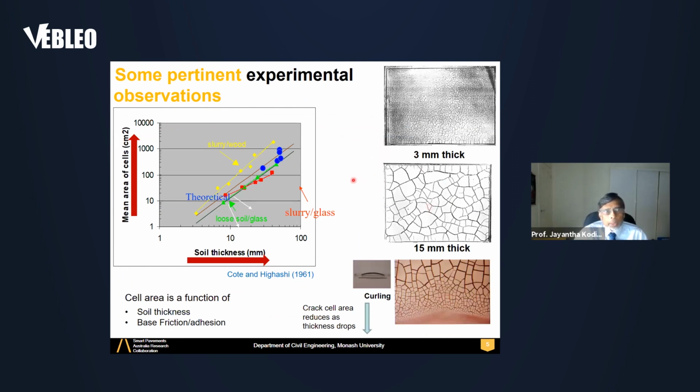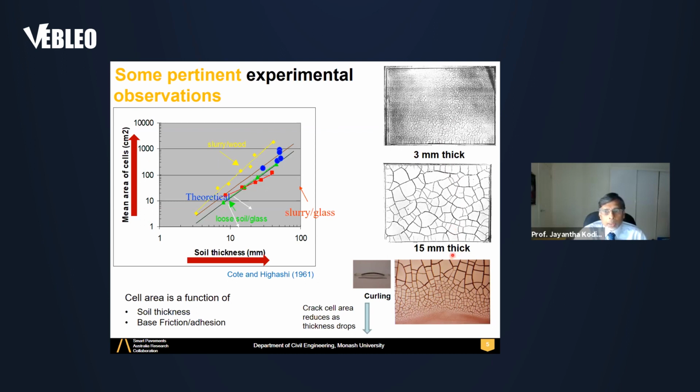Some pertinent experimental observations. Here I am plotting some results from experiments carried out in boxes, where soil is prepared at a wet stage, put into these boxes and subjected to desiccation, and cracks emerge. Depending on the thickness, the crack size varies.